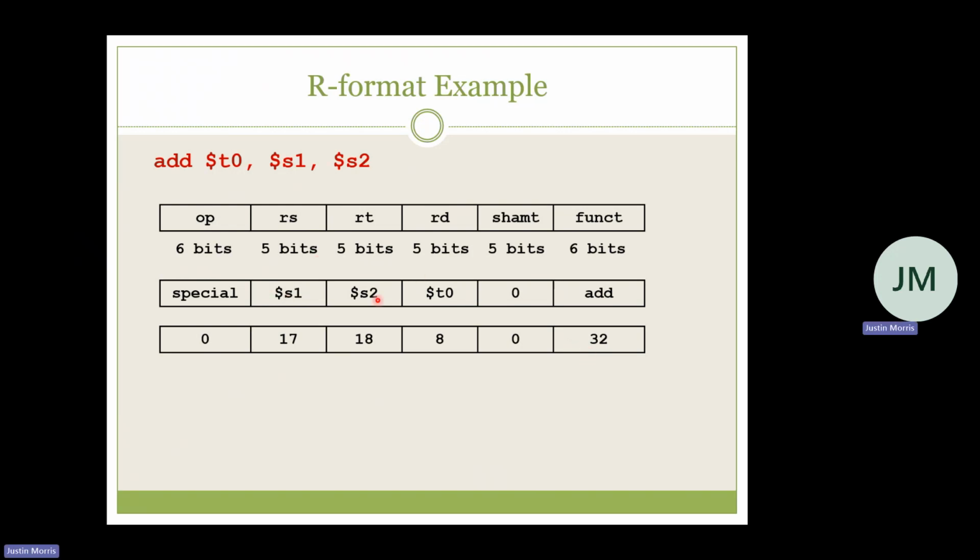And then we'll also look up what the real register number is for S1, 17, and S2 is 18. It's not always the case that it's just going to be incremented by 1, like S1 and S2 here.